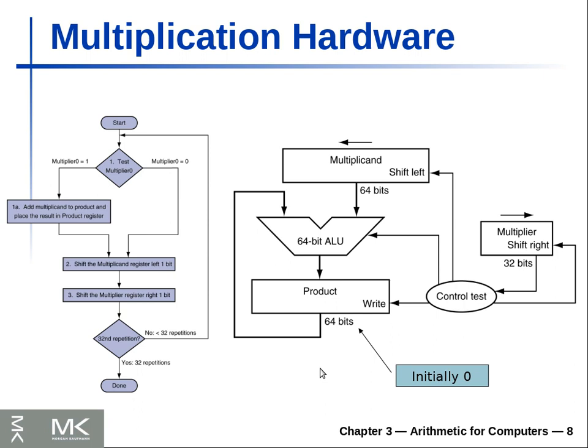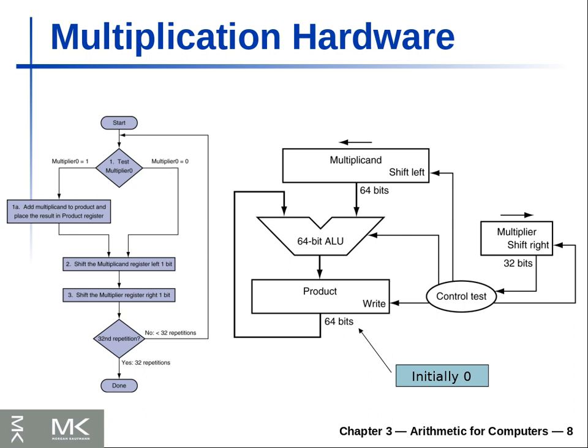Okay, a couple things I mentioned here with this type of multiplier. It does work, but the first issue, oh, by the way, we're not doing this in Verilog. You just need to understand how this works. The first issue is, notice that we have a 64-bit ALU, and if you recall from your ripple carry, the 32-bit one definitely can take a long time, so 64-bit is going to take even longer.